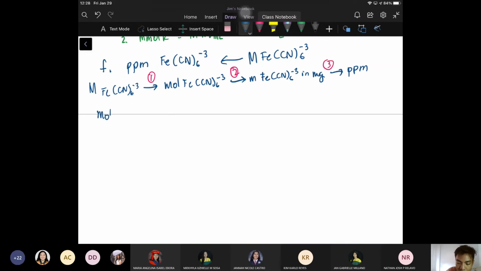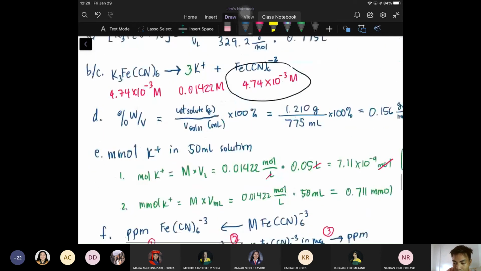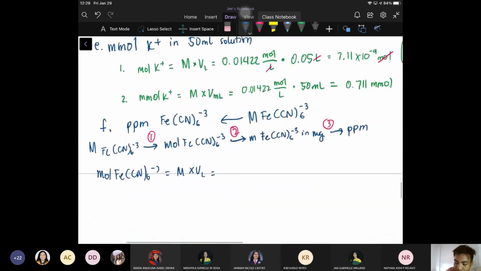So mole FeCN6 negative 3 from molarity. Paano yon? It's molarity times volume, di ba? In liters. In liters, ha? Okay, so molarity, ano yung molarity nun? Hindi ko kabisado. 4.74.